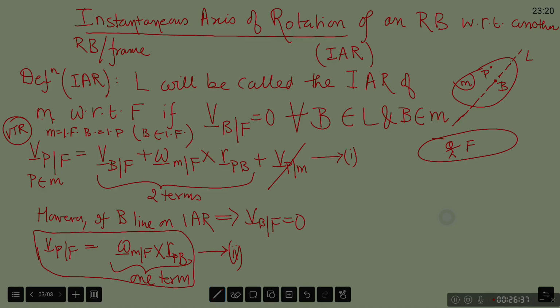Less algebra. Also easy to visualize the motion of the particle P and the rigid body also. So these are the two advantages. Less algebra, easy to visualize motion, visualization is easier.